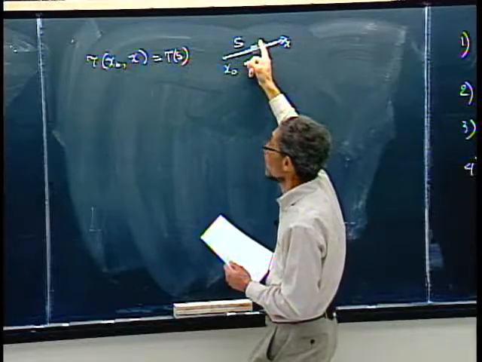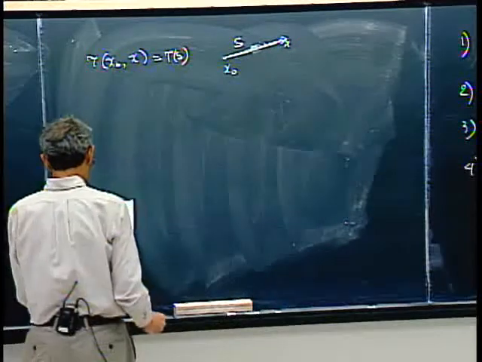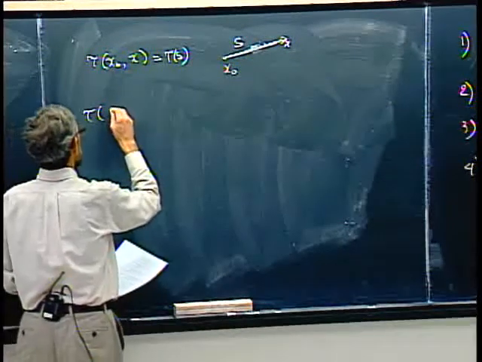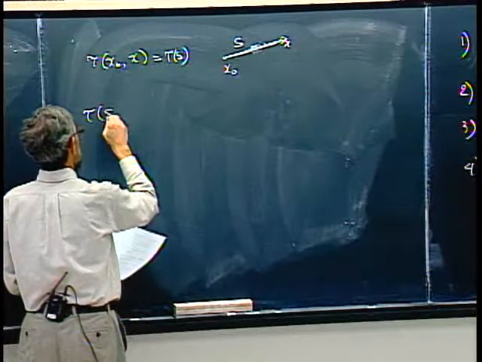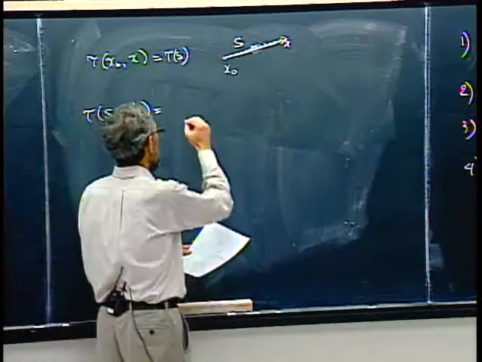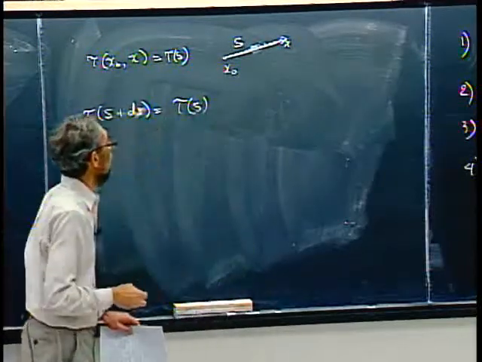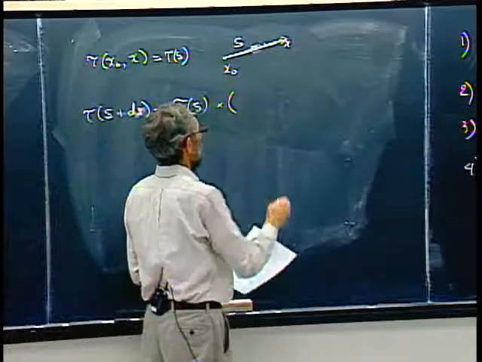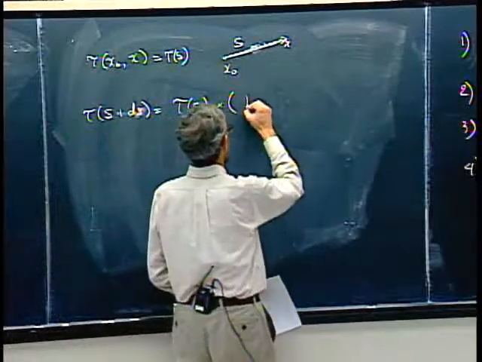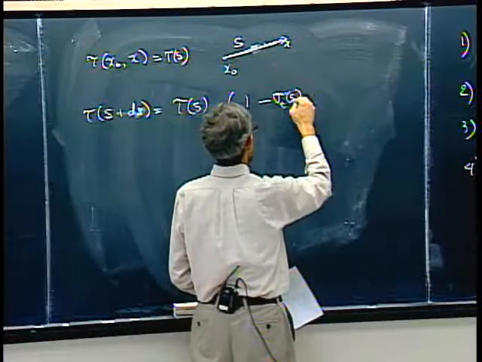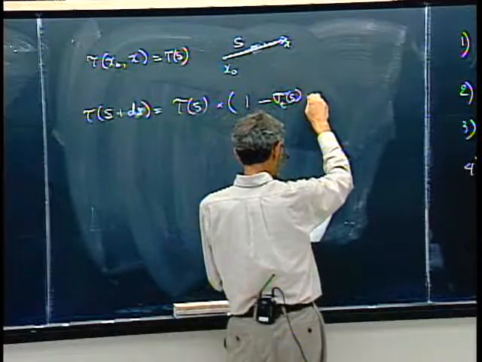And I want to write a differential equation for it. And so I want to say tau, whatever it was at the front of this slab, if we look at the transparency at the back of the slab, is the amount that got to the front of the slab of the original light that started flowing, times the probability of getting through the slab, which is 1 minus sigma t at that position times ds.